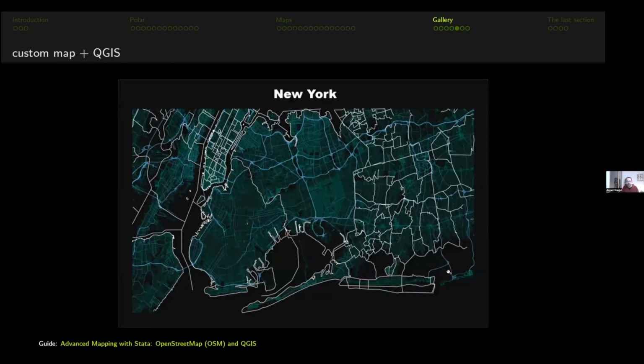What's also very easy to do is start combining Stata with OpenStreetMap data. One can download these layers. I've reduced the resolution of this image because the presentation was getting huge in size, but it's extremely detailed.